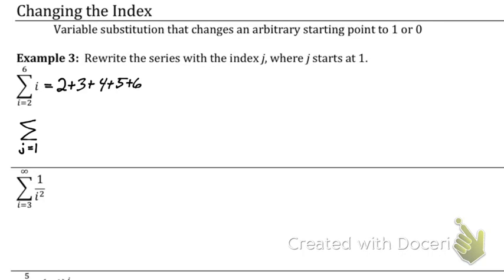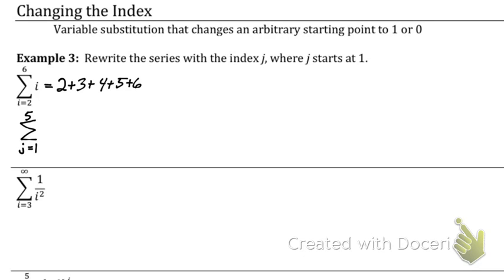And when I put an equal sign, I want it to stay this exact same way. So we can't go to 6 because we have 5 terms: 1, 2, 3, 4, 5. So instead of going to 6, if I adjust this down 1, I need to adjust this one down 1 as well. So that's going to be 5.